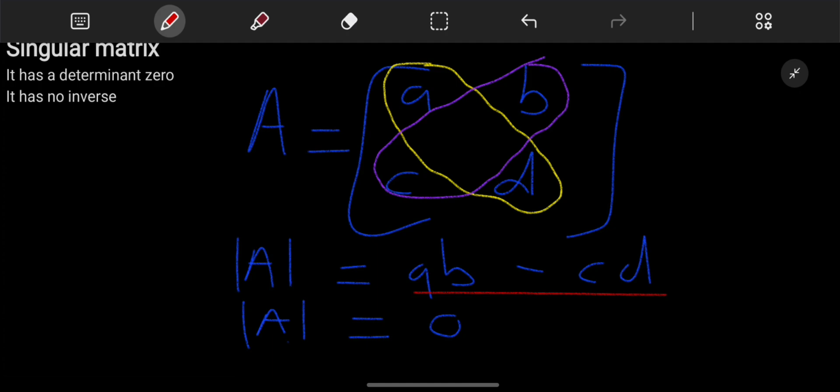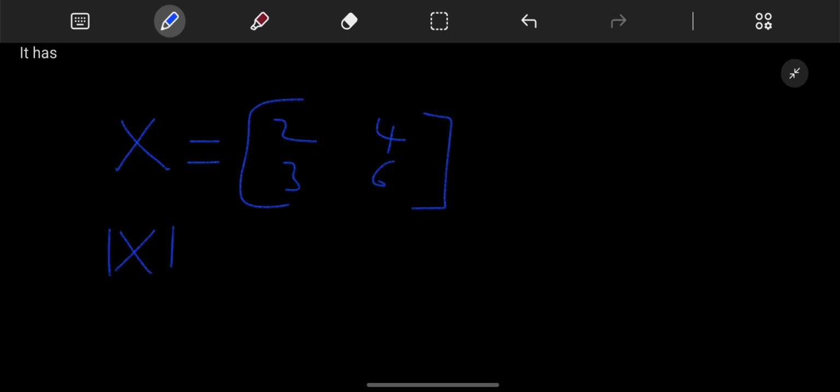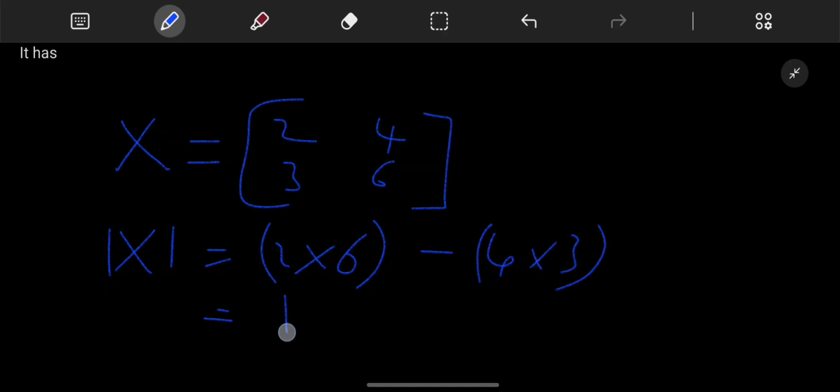For another example, let's say we have matrix X, and matrix X is 2, 4, 3, and 6. We want to find the determinant of matrix X. So to find the determinant, we say 2 times 6 minus 4 times 3. 2 times 6, that's a 12, and 4 times 3, that's a 12.